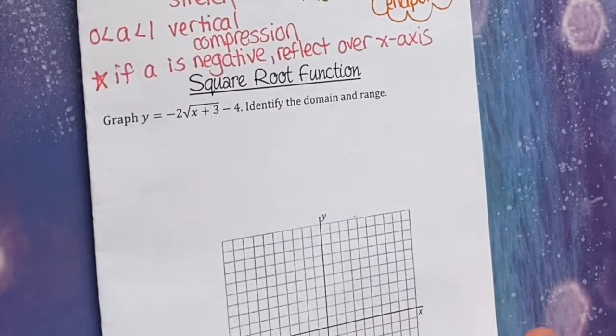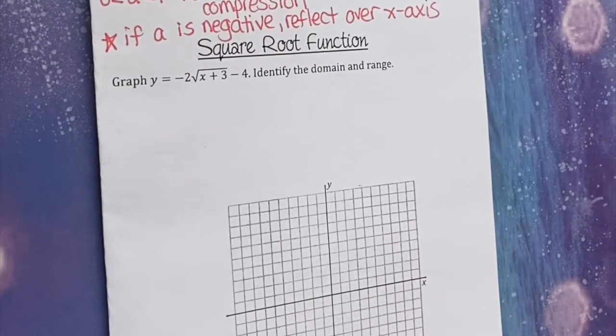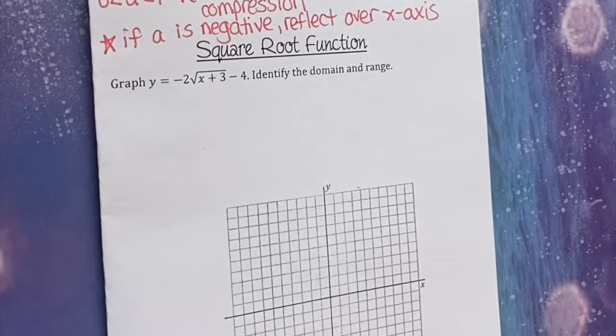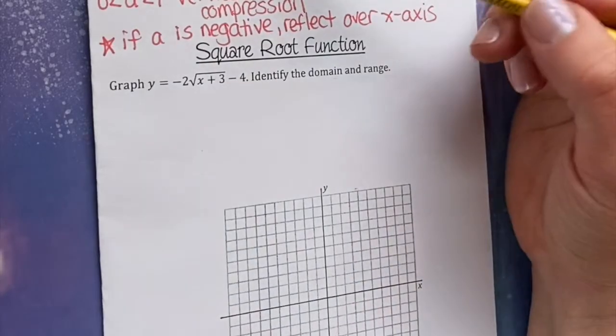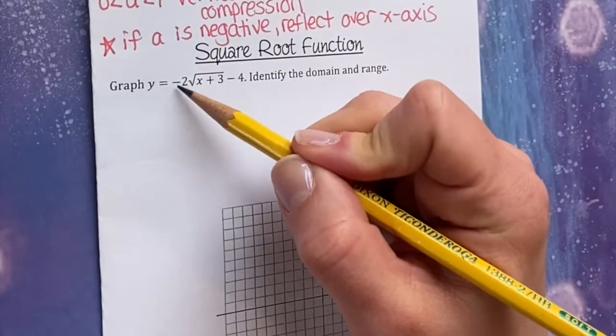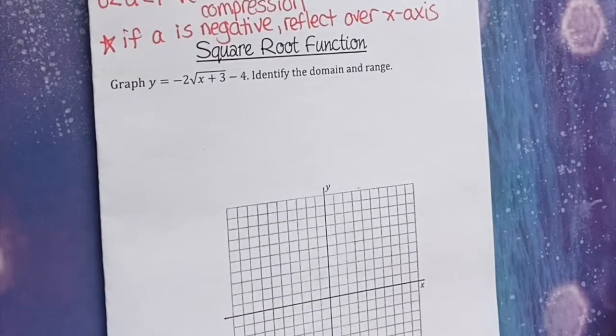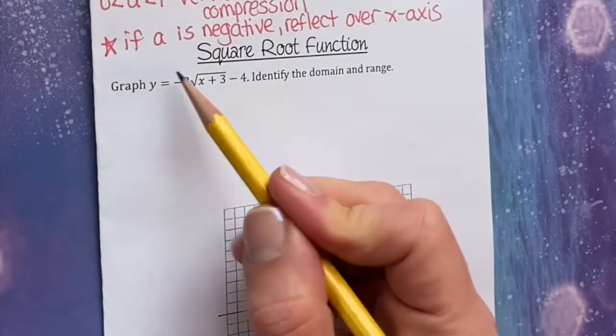Okay, so we have an example down here, and let's just take a look at the equation first and kind of notice the different transformations that are happening. And that can help you predict what the graph is going to look like before we start actually making our table of values. So looking at this equation, let's look at our A value. So here our A value is -2. So it's negative.